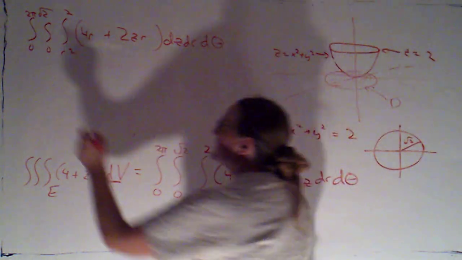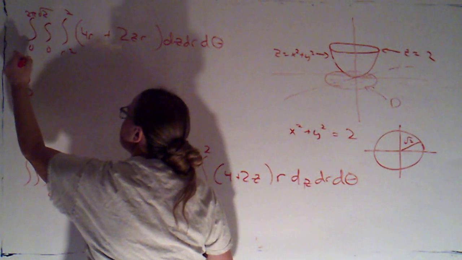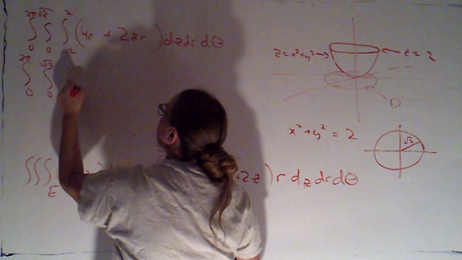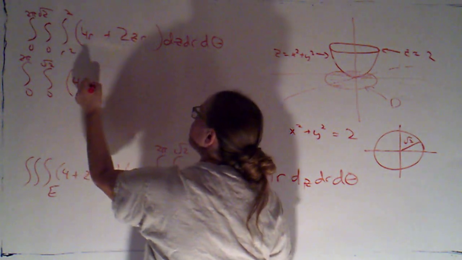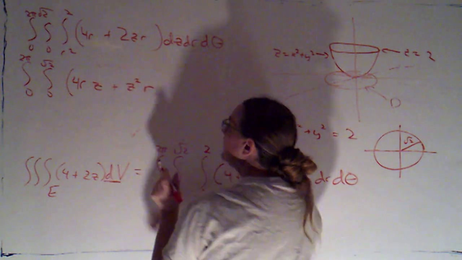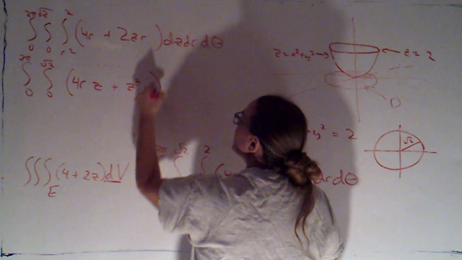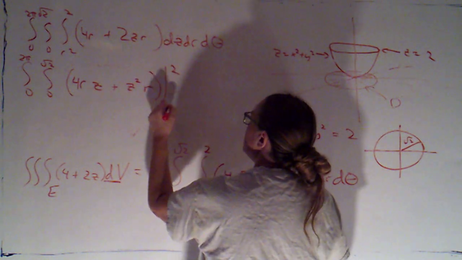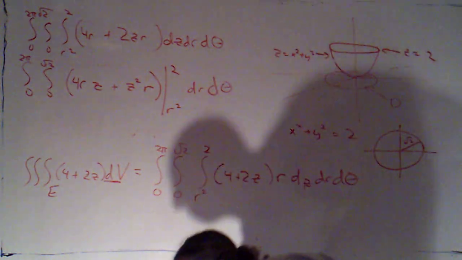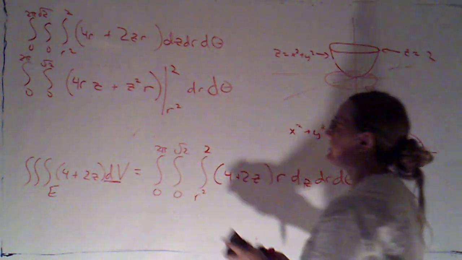So if I take an antiderivative with respect to z, I'm going to get 4rz plus z squared r, evaluated between r squared and 2, and then we'll still have to do the integration with respect to r and theta.